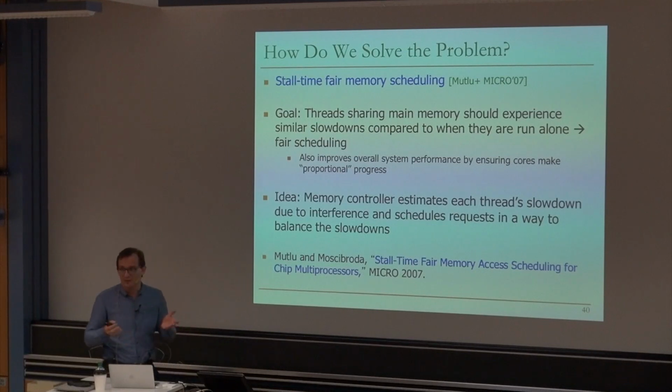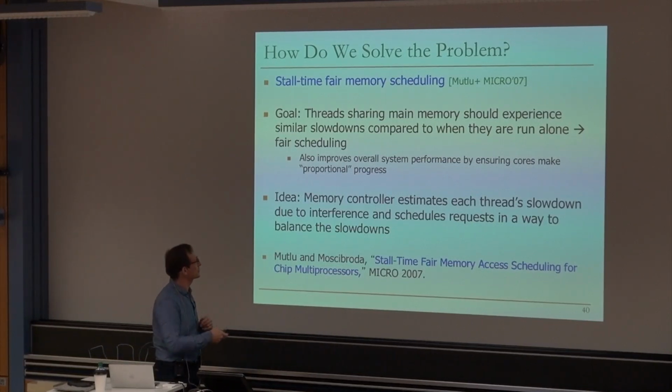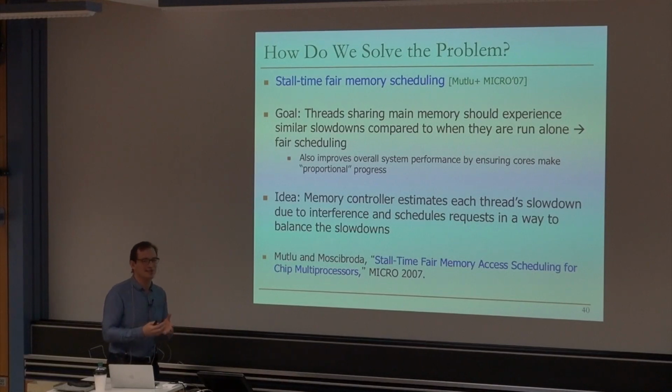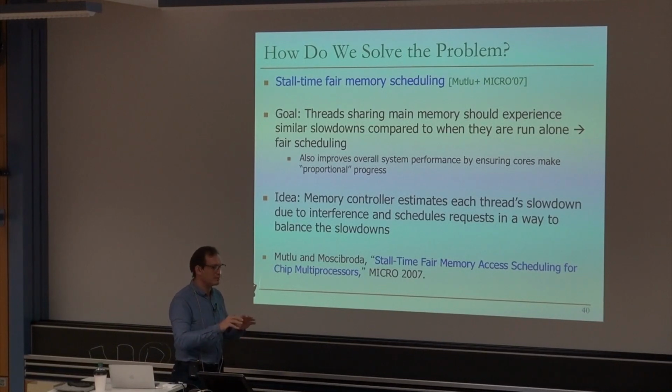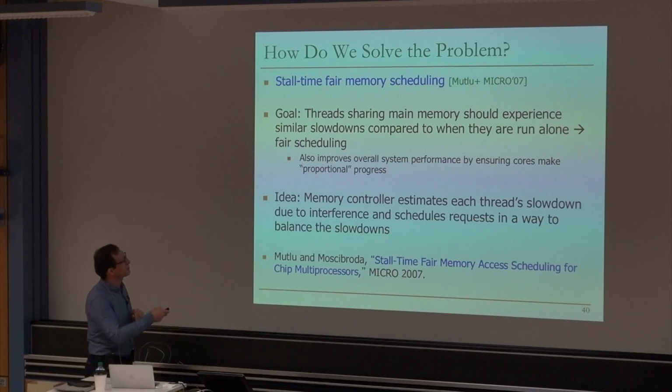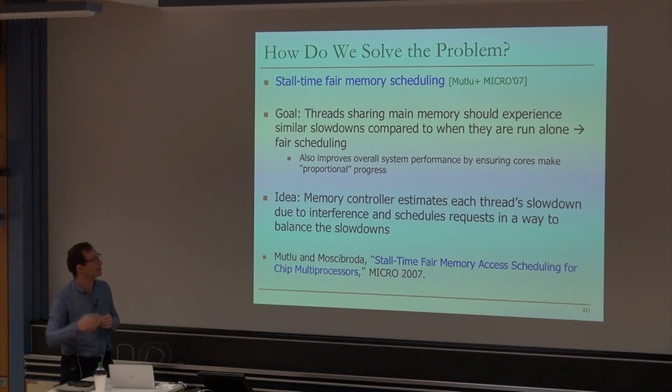And there is, of course, a basis to this because you're really trying to ensure proportional progress across the different cores. And what is the proportional progress? There's a baseline for each application, and you're not slowing that application very disparately compared to other applications. And also, this improves overall system performance by ensuring cores make proportional progress to each other.